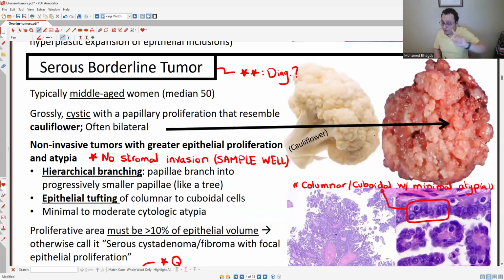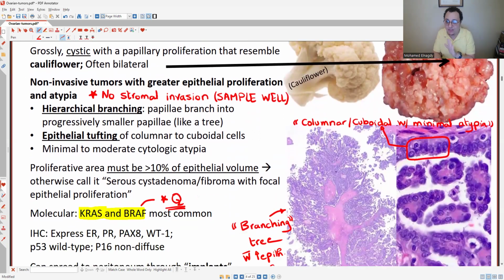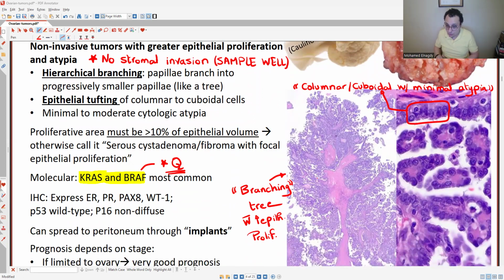Serous borderline tumor. See, you have the same serous epithelial lining. However, the cells are starting to proliferate a lot, to the point they start to throw in some papillae, some branching tree-like branches.